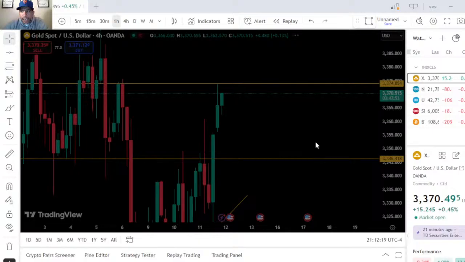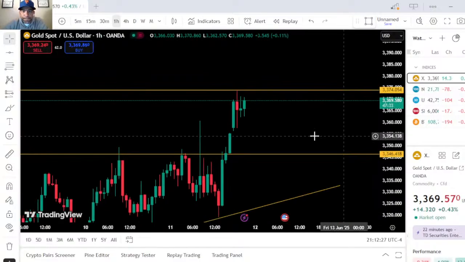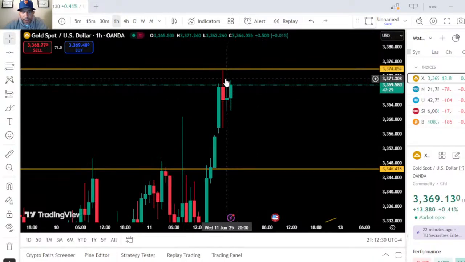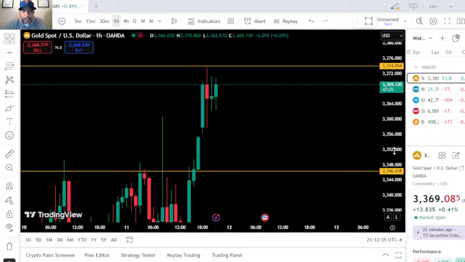Lagging so much. We take out the highs? No, not yet. I've not broken the previous 1 hour highs yet. Neither do we break the previous lows here.